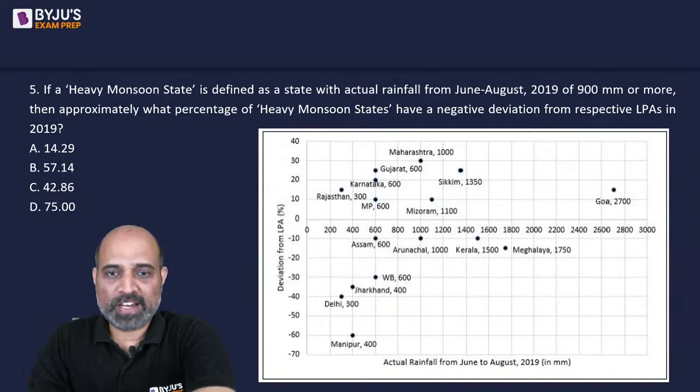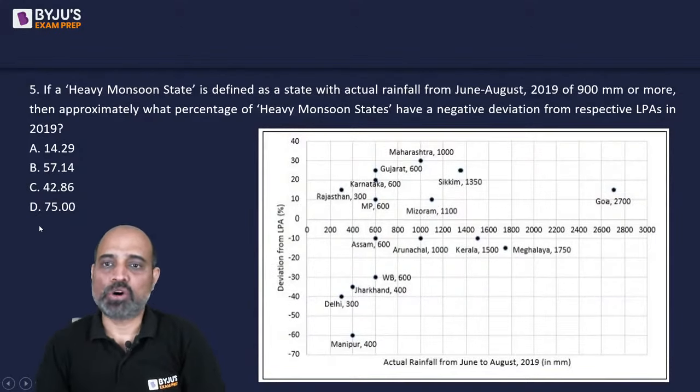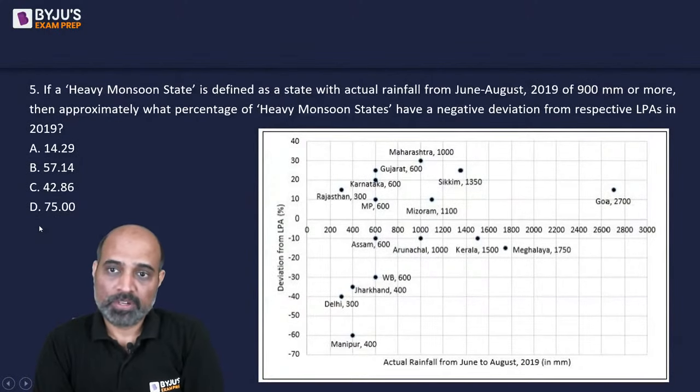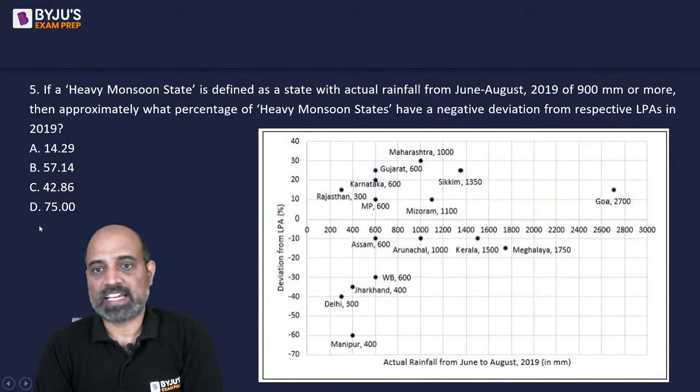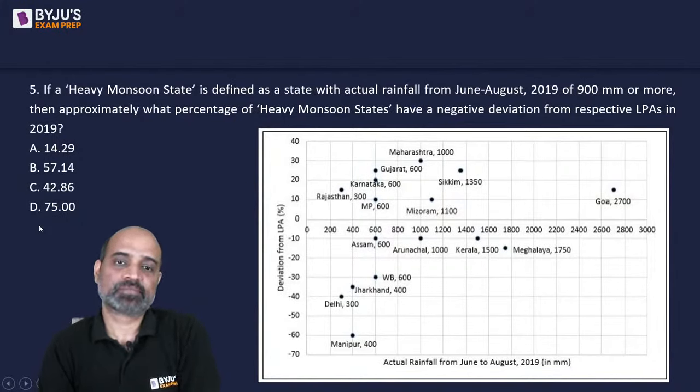So question number 5 says, if heavy monsoon state is defined as a state with rainfall from June to August 2019 of 900 mm or more, then approximately what percentage of heavy monsoon states have a negative deviation from respective LPAs in 2019?